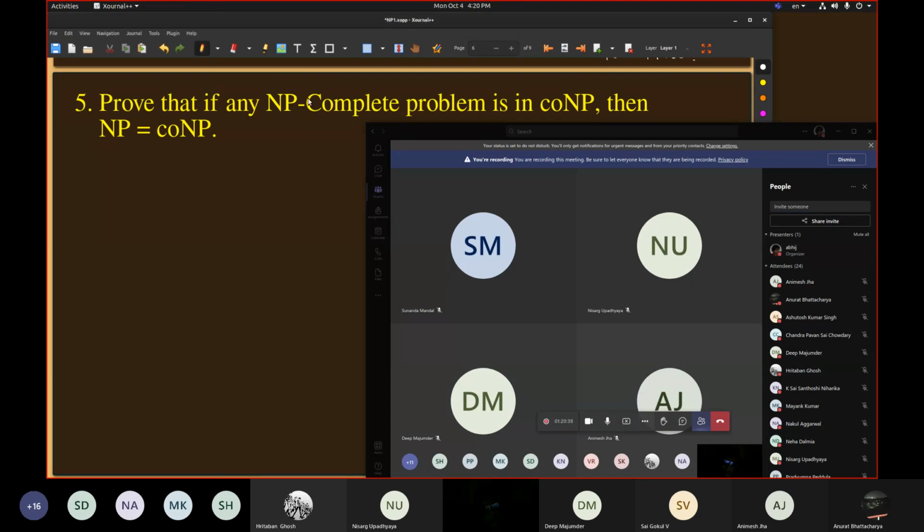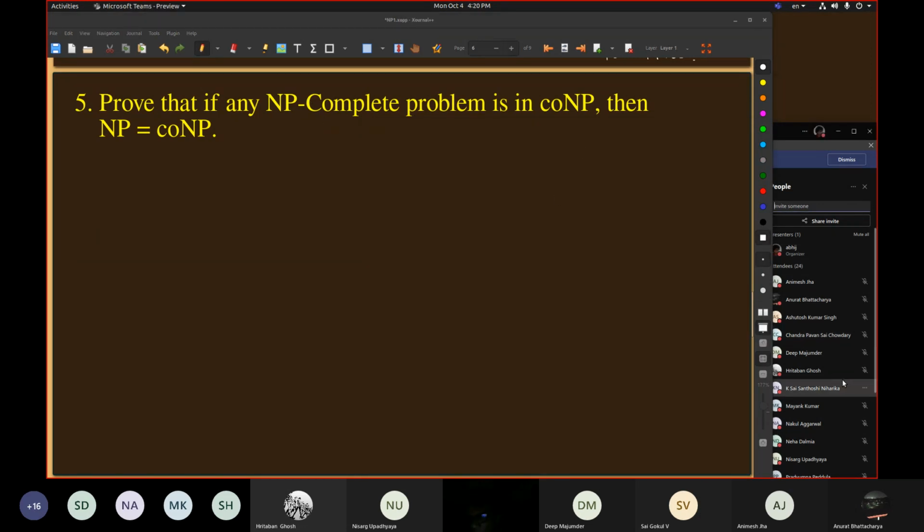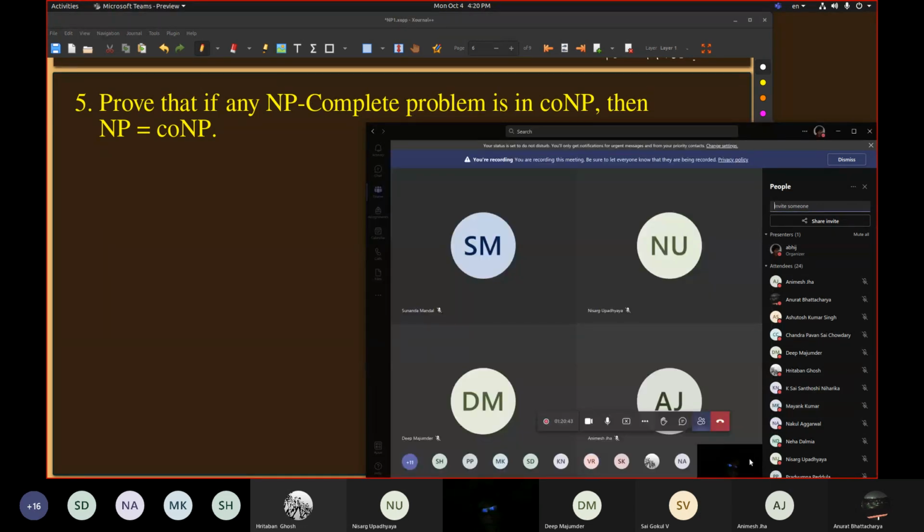Actually, this simply follows from the definitions anyway. I didn't want it to end this abruptly, but yeah, it's difficult. Okay.